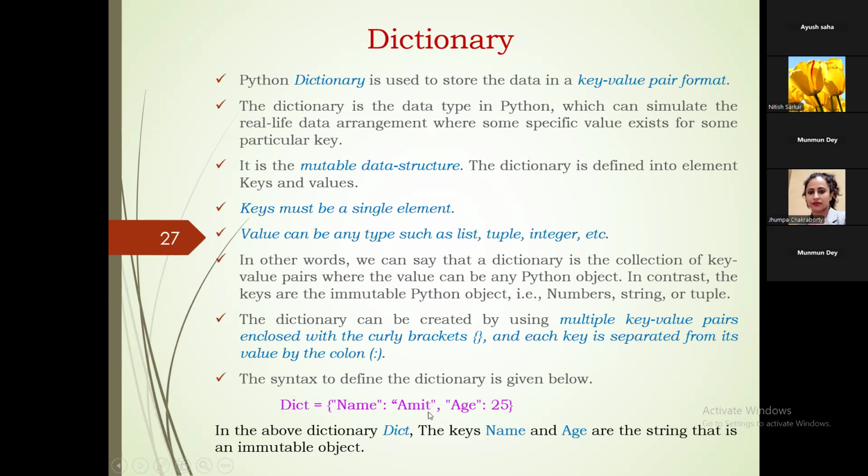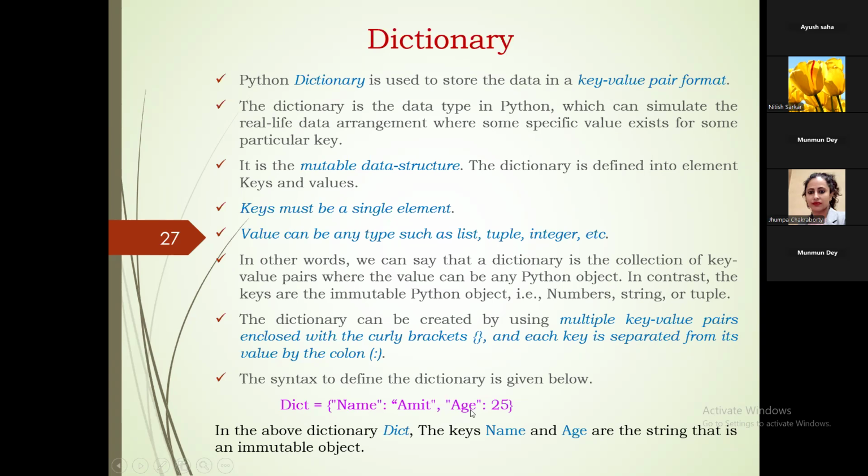Say I am giving a simple example. I want to create one dictionary. That is, the name is Omid and age is 25. So we can say here name is a key, and what is the value of the name? Omid.